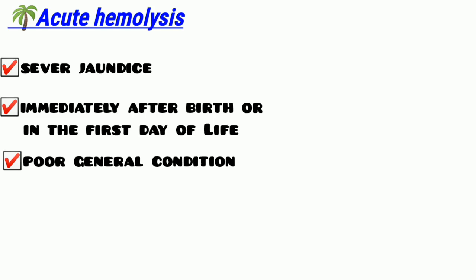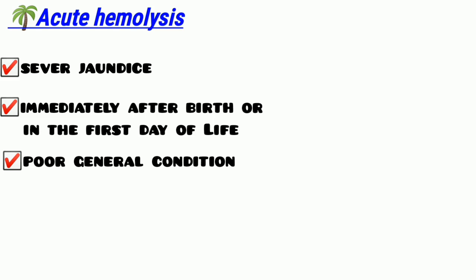Acute hemolysis may be caused by Rh incompatibility, ABO incompatibility, or rarely by large cephalhematoma or glucose-6-phosphate dehydrogenase deficiency. We will focus on the most common causes, which are ABO incompatibility and Rh incompatibility.